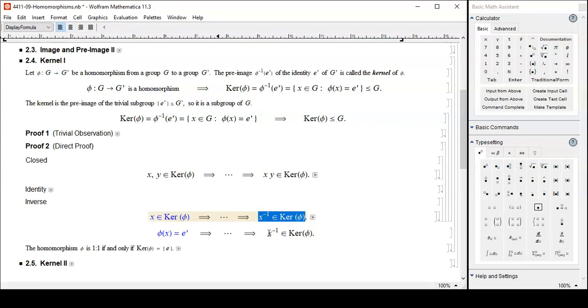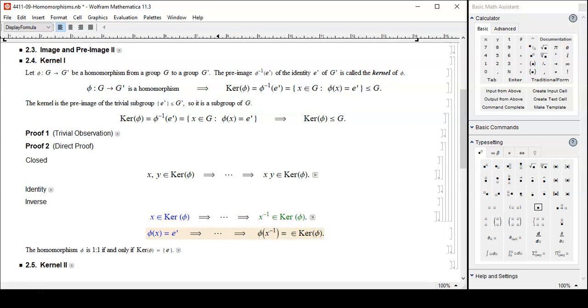Let's choose green. And then phi of that x inverse is E prime. And this green and that green are the same. And instead of trying to prove this, we can try to prove this. And is that easy? Yeah, it's easy because phi preserves the inverse structure.